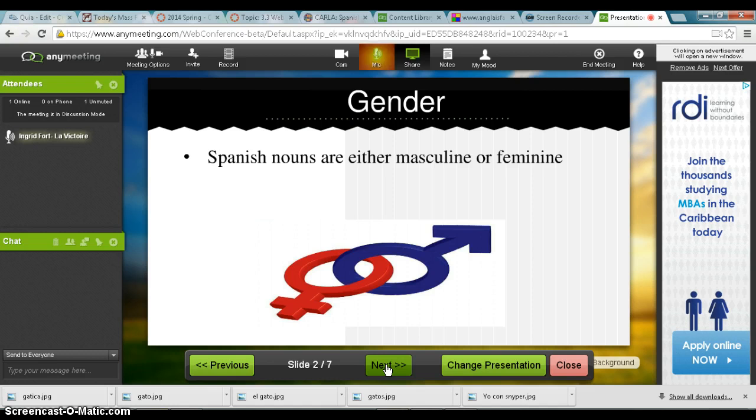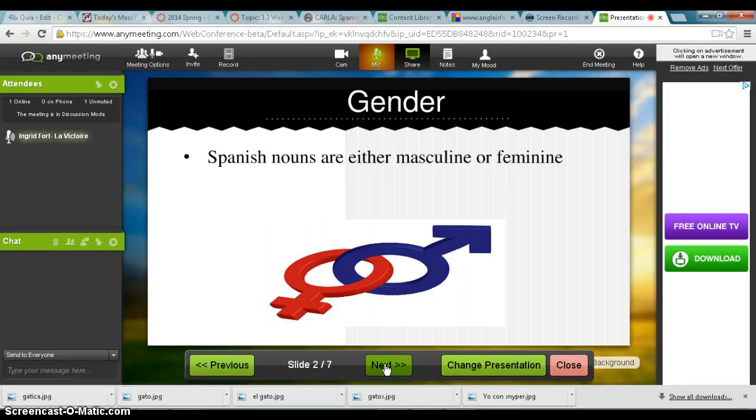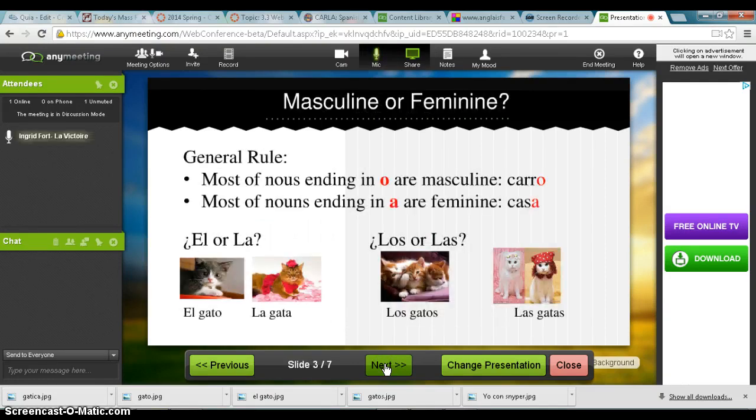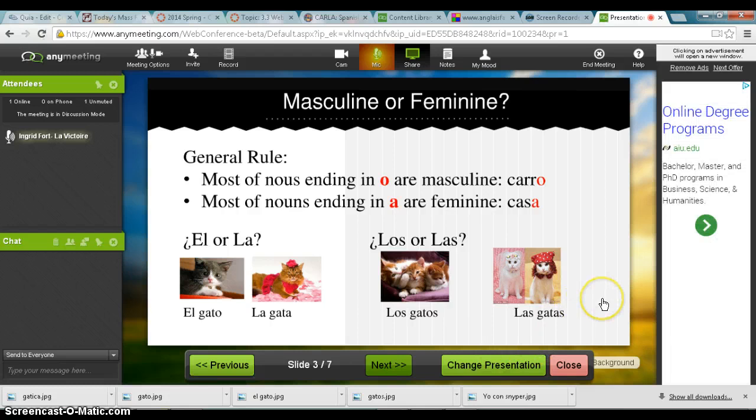So this is gender in Spanish. Spanish nouns are either masculine or feminine. The general rule is that most nouns ending in O are masculine, like in carro. Most nouns ending in A are feminine, like in casa.